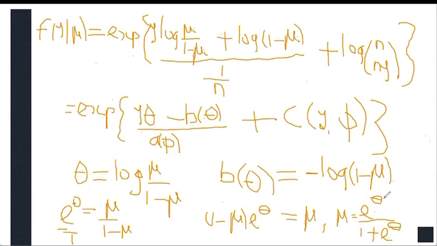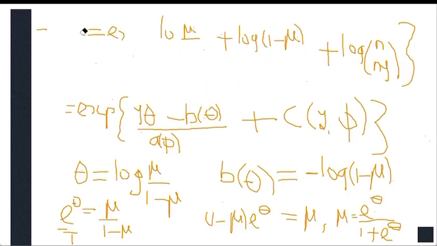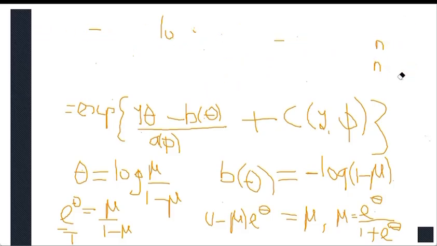So if mu equals what I have here, what is going to be 1 minus mu? Mu is this guy, so what is 1 minus mu?